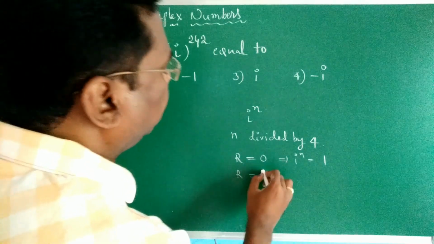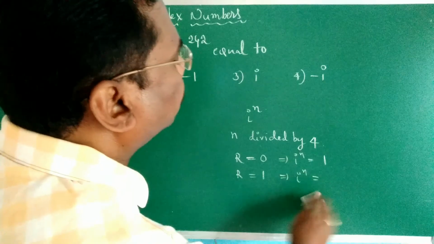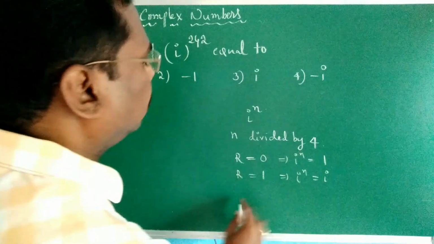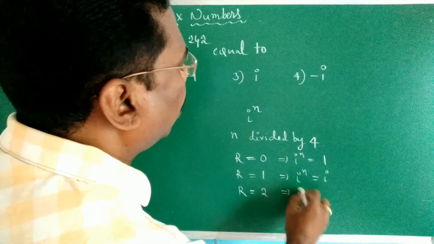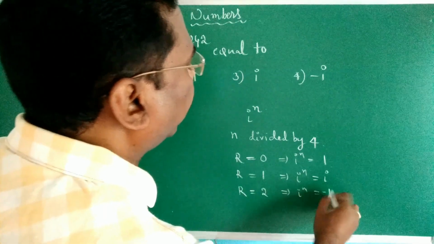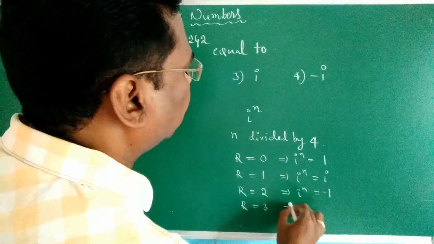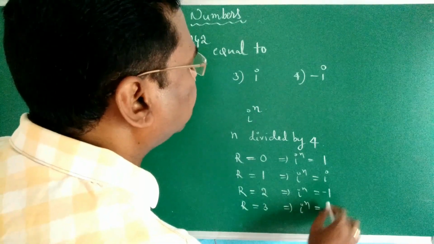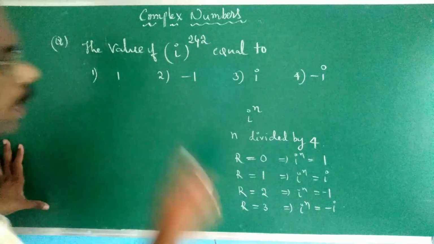If the remainder is 1, then i power n is equal to i. If the remainder is 2, then i power n is equal to minus 1. If the remainder is 3, then i power n is equal to minus i.